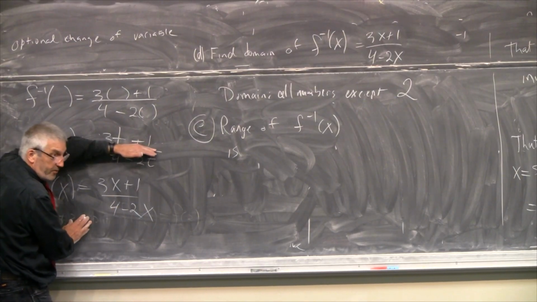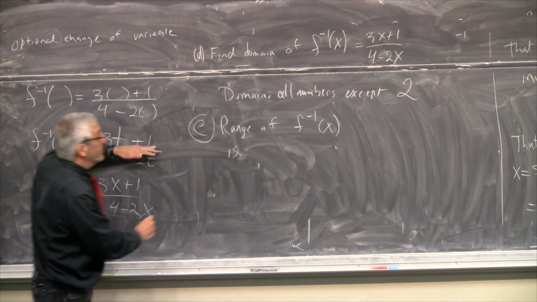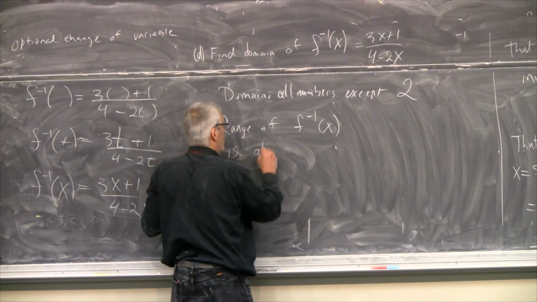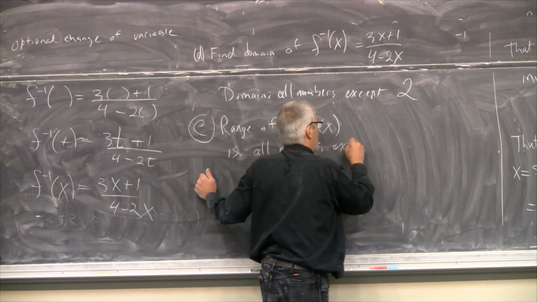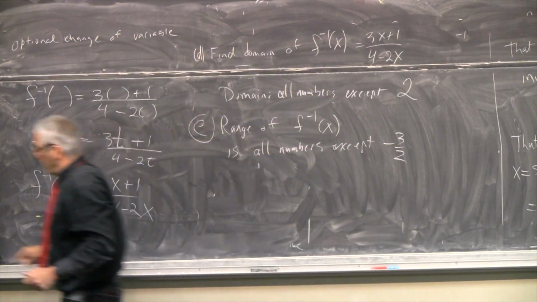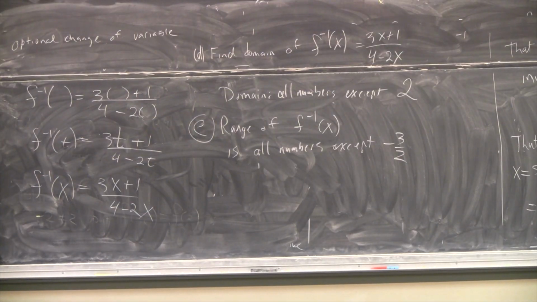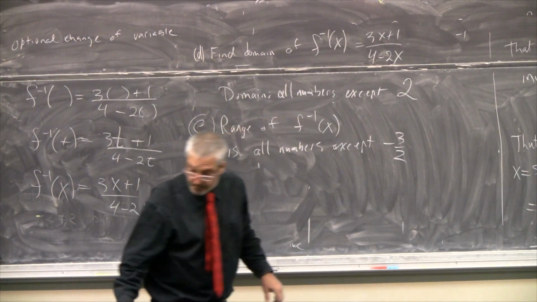But I mess it up, I do something different in the numerator from what I do in the denominator, so I'm never going to get a y value of negative 3 halves. So the range is all numbers except negative 3 halves, which is the set that was the domain of the original function. So it's pretty cool that you can look at these in that way and figure that out.